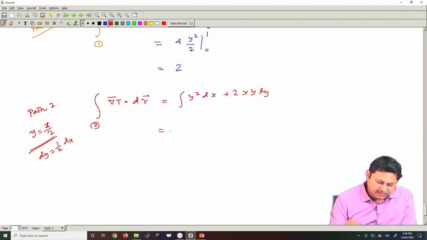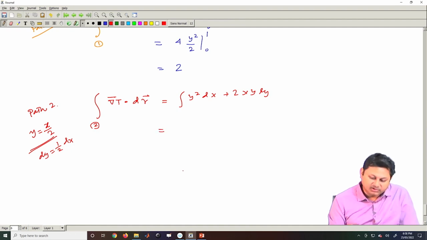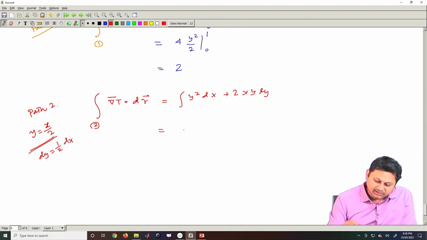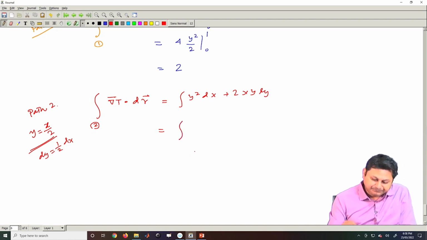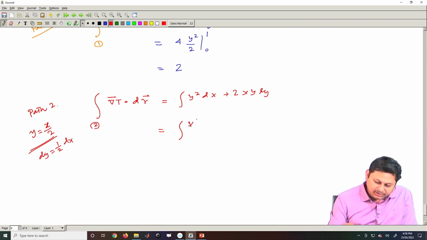I can put everything in terms of either y or x, so let us put everything in x. y square is simply becoming x square divided by 4 dx, and then this quantity 2x is there, y I replace with x divided by 2, and dy I replace with half of dx.